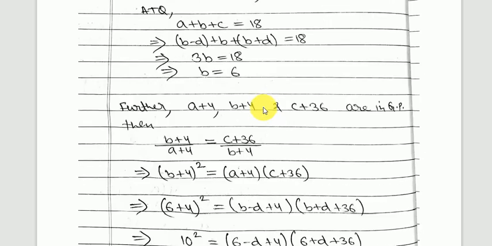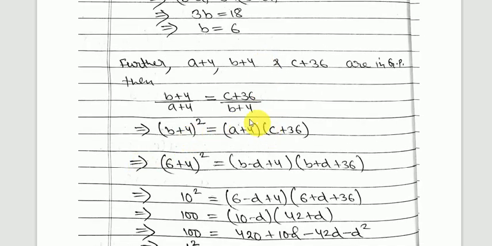So what we'll do is first cross multiply. I get (b plus 4) whole square equal to (a plus 4) into (c plus 36). Now b I know is 6, so I put b equal to 6. I get (6 plus 4) square, that means 10 square. Here a is b minus d plus 4, and c will be b plus d plus 36.